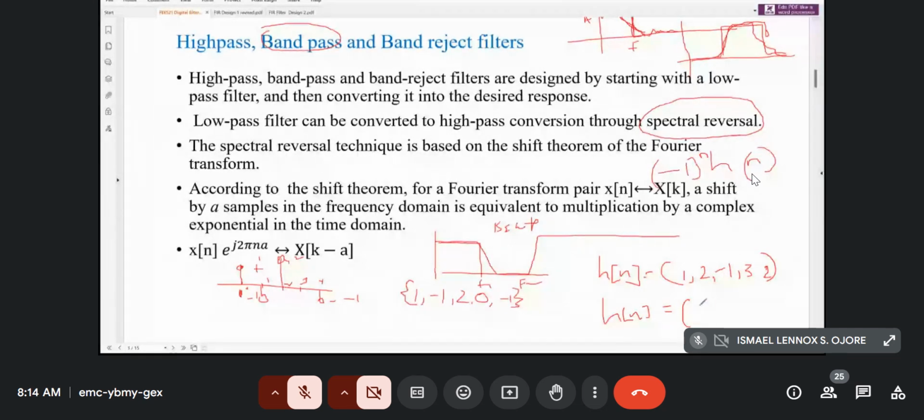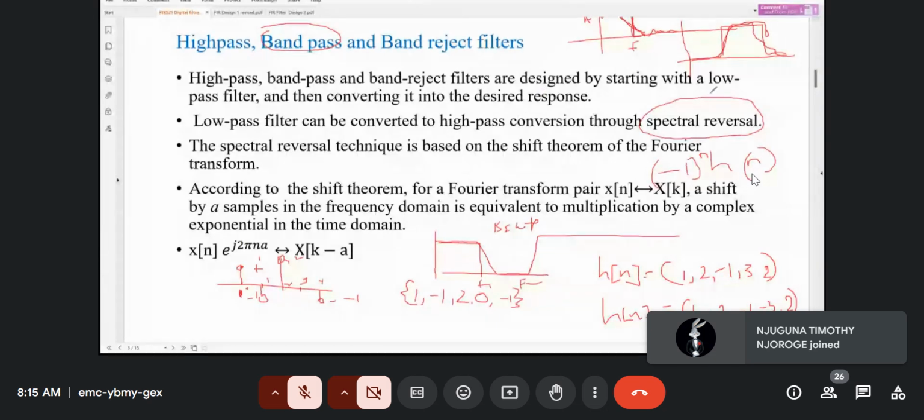So this will become 1, -2, -1, -3, 2. So your new filter would have this impulse response. So it will simply become a high pass filter. That's what we are talking about, spectral reversal.